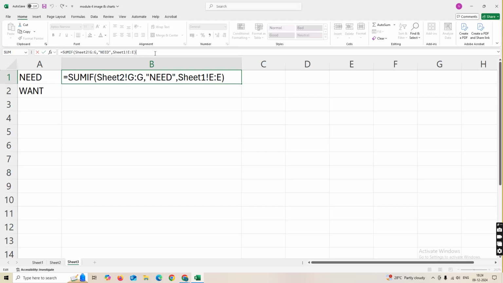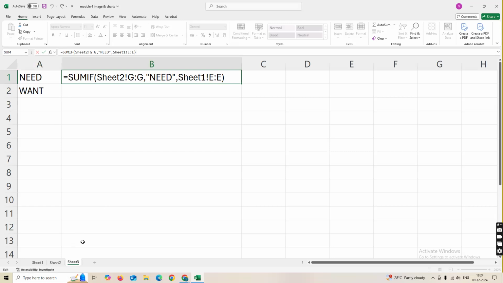What was the title we gave here for this sheet? Need only, no? Yeah, need. I have used the word need, so I'm calculating the amount spent on need.